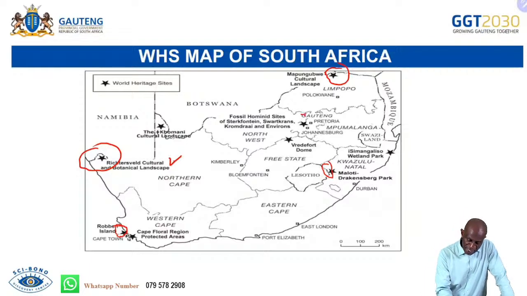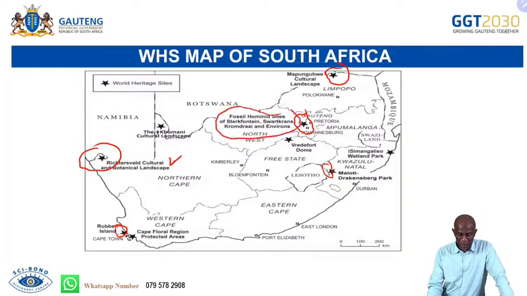You'll find the Cradle of Humankind in Gauteng, and it extends over to the Northwest Province, and as I've indicated, its new name is the Fossil Hominid Sites of Sterkfontein, Swartkrans, Kromdraai, and the surrounding environments.